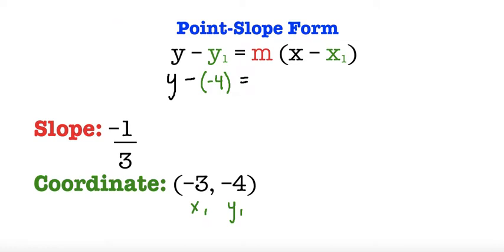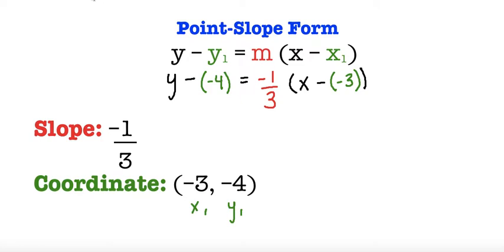Now our slope is negative 1/3, so negative 1/3. x minus, our given x value is negative 3, so minus negative 3. And that's it. We could actually rewrite this so it looks a little bit better.